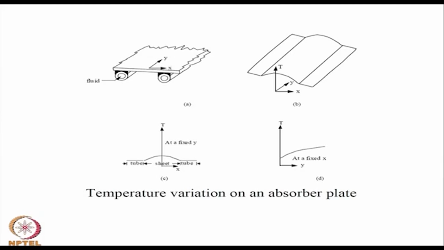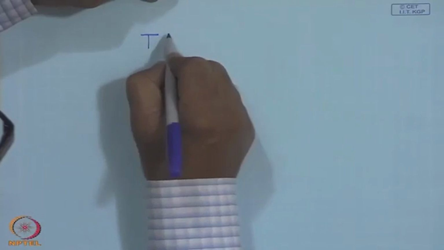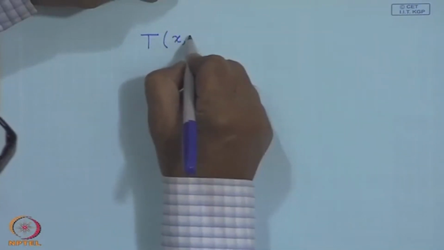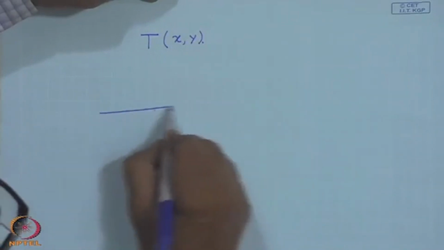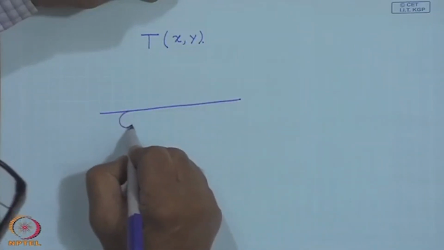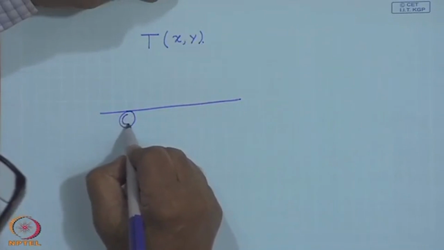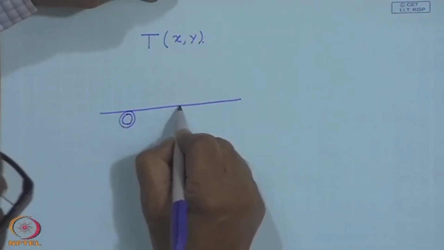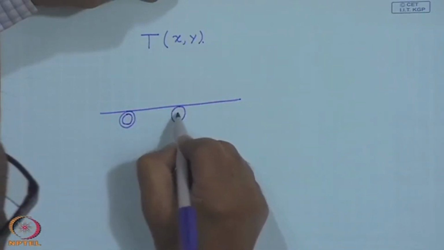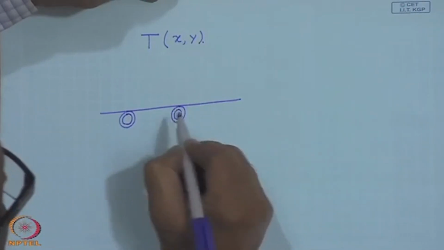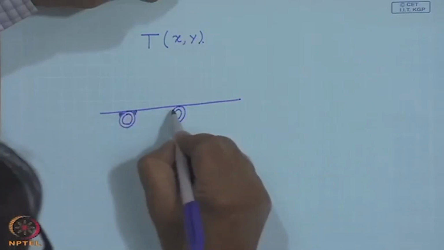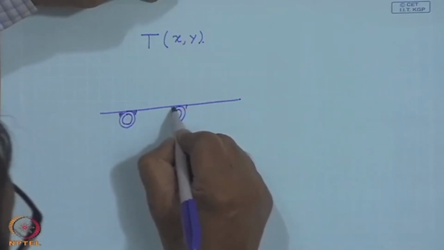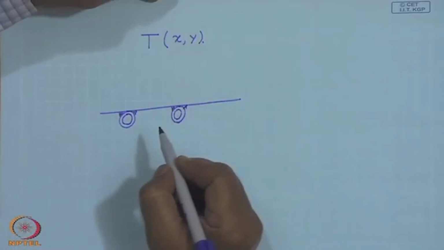Now, if we want to make an analysis, we should know in general the temperature on the absorber as a function of x and y, where we have shown that, if I may show the detail, this may have an inner diameter and an outer diameter, di and do, and this is soldered, welded with a bond material, so that the thermal contact is good and the heat is transferred towards the fluid.